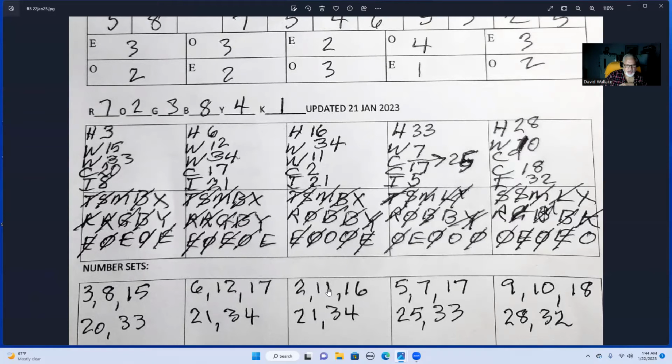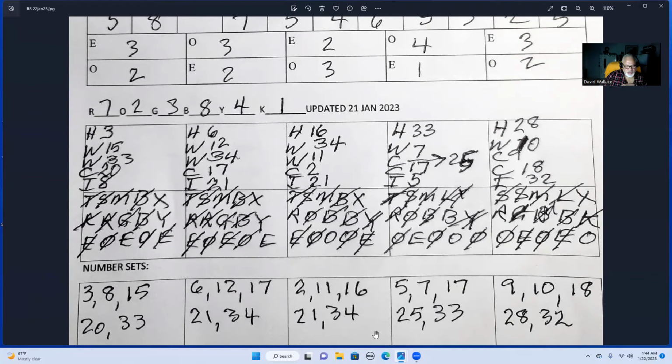Next set is 2, 11, 16, 21, 34. Next set is 5, 7, 17, 25, 33. And the final set is 9, 10, 18, 28, and 32.